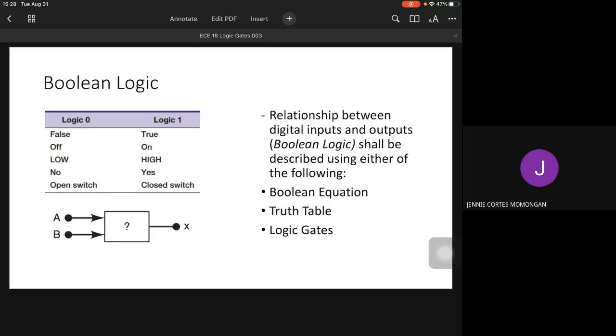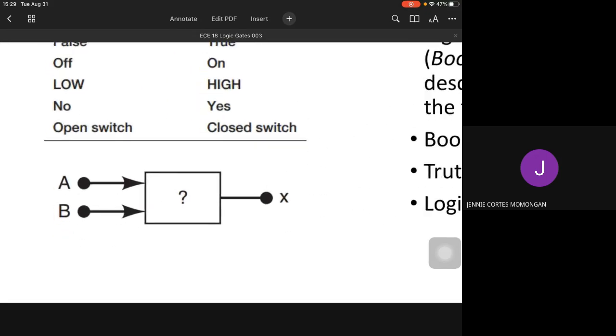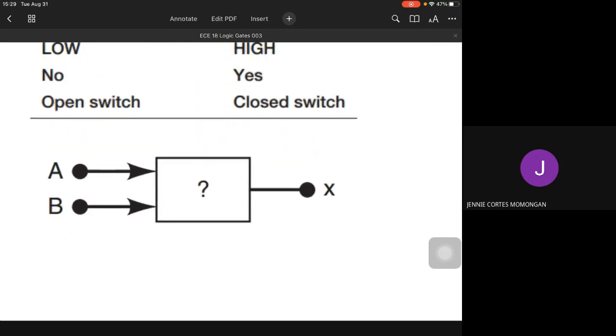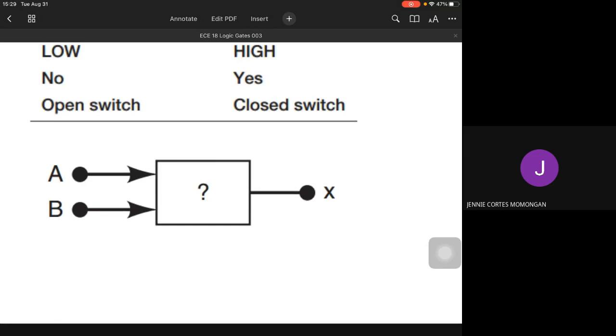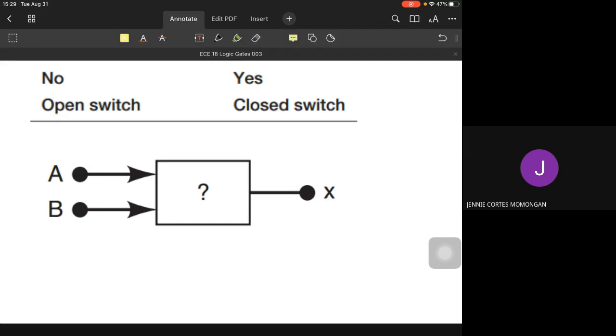Later, I think we will discuss logic gates and Boolean equation more extensively, particularly logic gates. So I'll just give a little idea of what a truth table looks like. Actually, you've already had experience using a truth table before with CMOS. Do you remember the truth table?